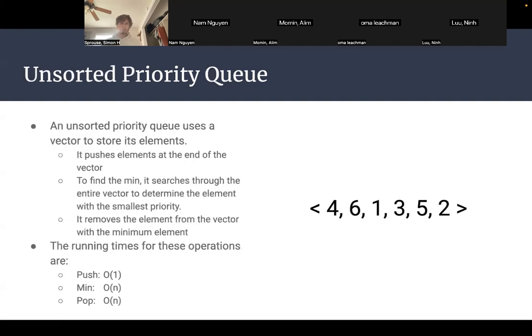So an unsorted priority queue is kind of cheap. It's not really much of a priority queue. Essentially, it is just a regular vector or a regular list. Whenever you push, you push randomly, but whenever you pop, you do so in such a way that you return the minimum or maximum element, depending on what you're looking for.